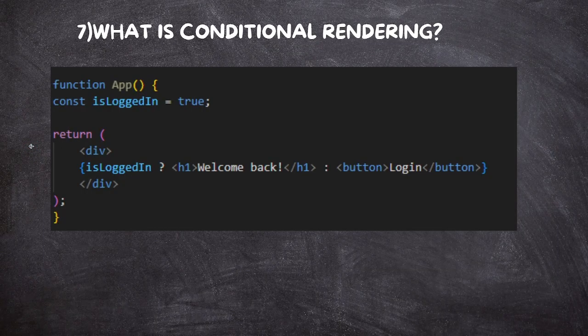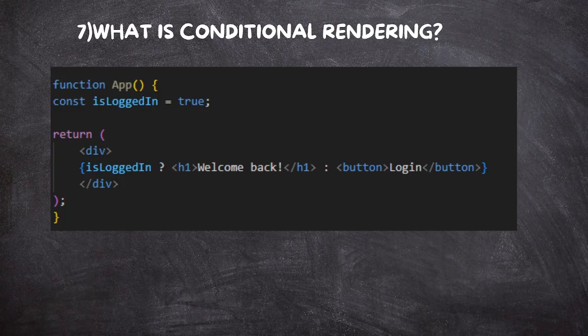The seventh question is, what is conditional rendering? Think of when you want to show something only if a certain condition is true, like showing a login button if the user isn't logged in, or showing a welcome message if they are. That's conditional rendering, and it's easy.